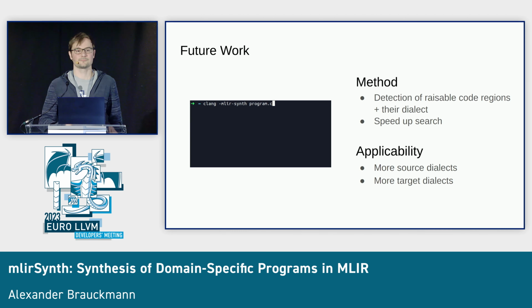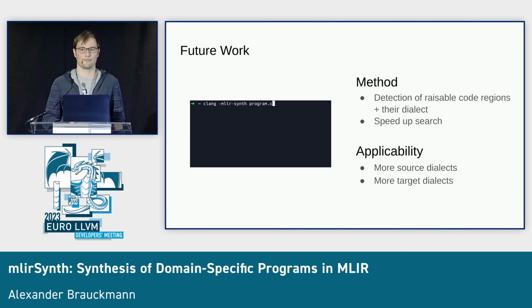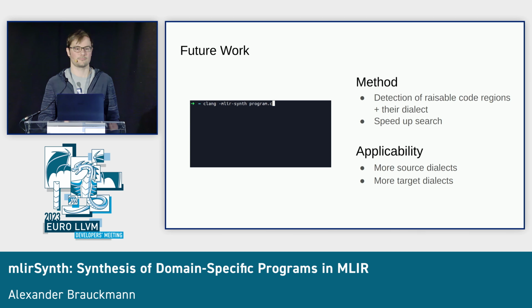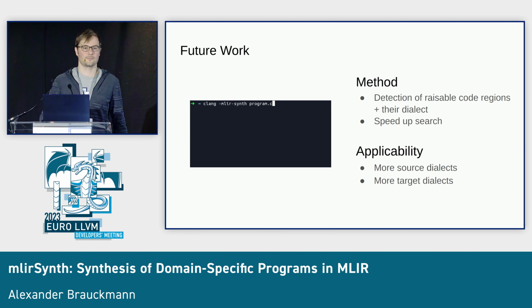Okay. So great talk, by the way. Since you mentioned that you are currently targeting a limited set of dialects, is it probable that this will work for all different dialects with all different designs and semantics, or will you potentially get problems there?